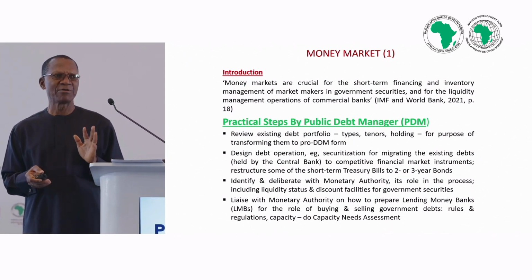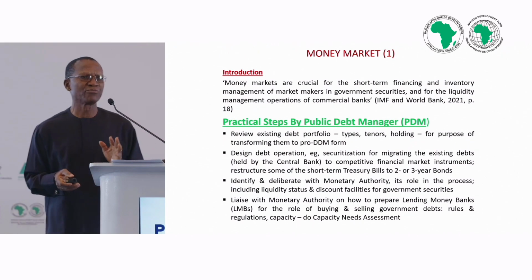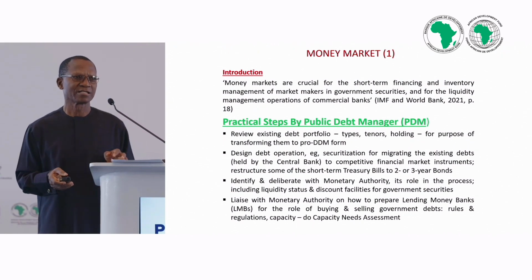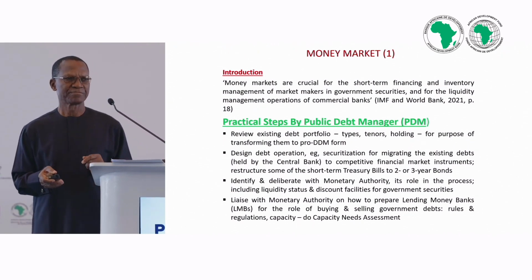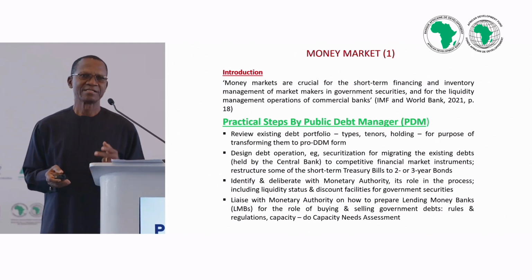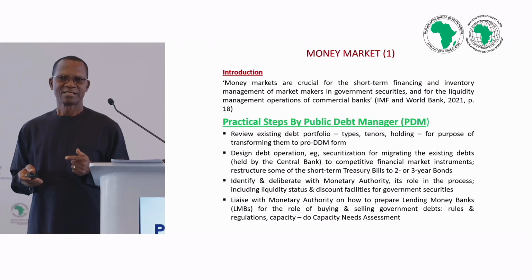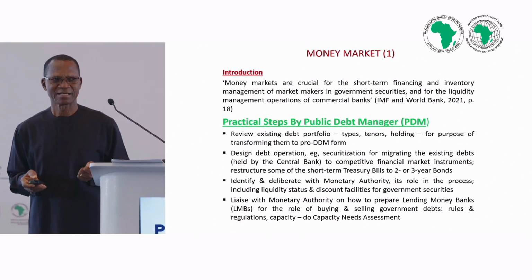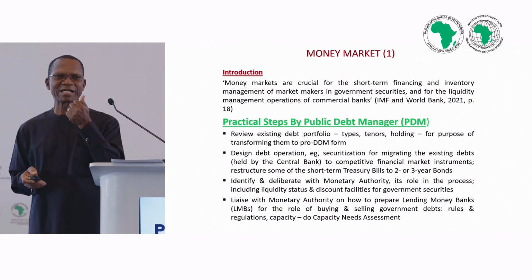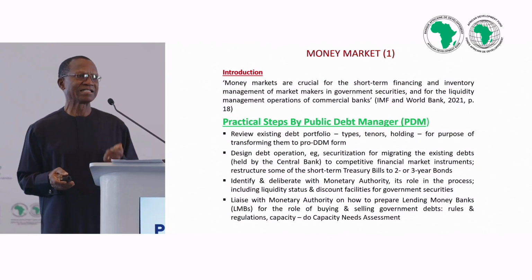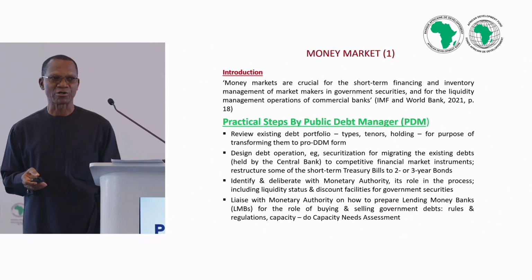According to the IMF and World Bank, there are 6 major building blocks for the domestic debt market, the DDM: the money market, the primary market, the secondary market, the investor base, the financial market infrastructure, and the legal and regulatory frameworks.